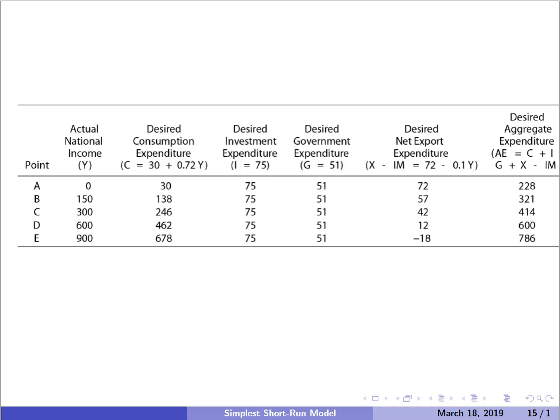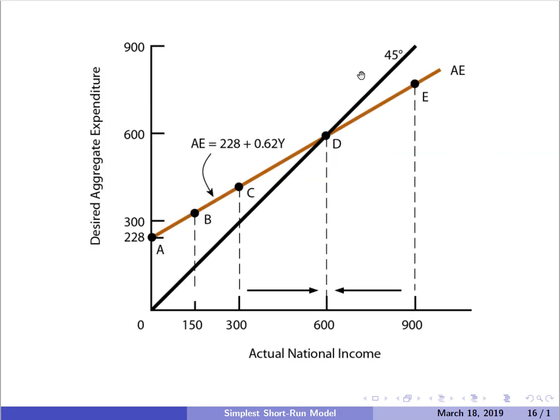All right, so this next slide is just going to graph that out. If we click on the next slide, it's making that graph where we have this AE function, where again the intercept is 228, that capital A is 228. Z, or the marginal propensity to spend, is 0.62. That's the slope of the AE function.